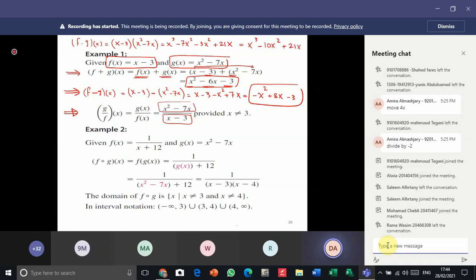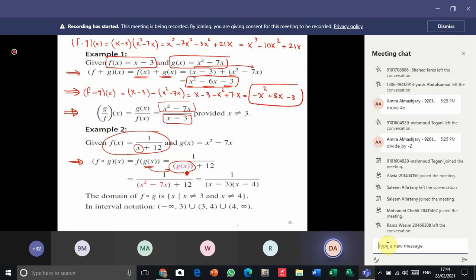Now, how can we find the composition? What's the meaning of composite G? It means we need to substitute G inside the F. So look at F, we have 1 over x plus 12. This is the value of f of x. So replace x with g.